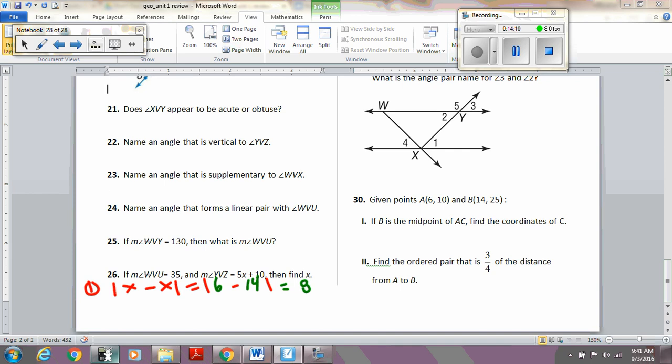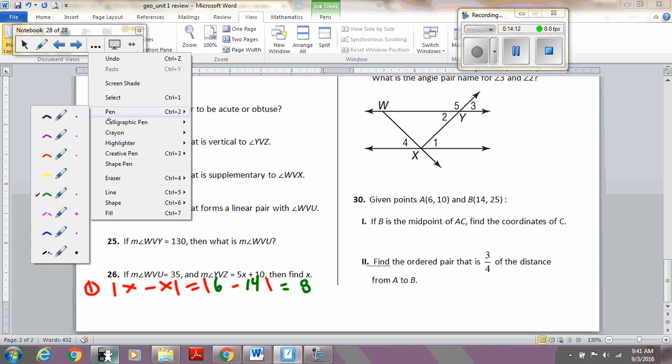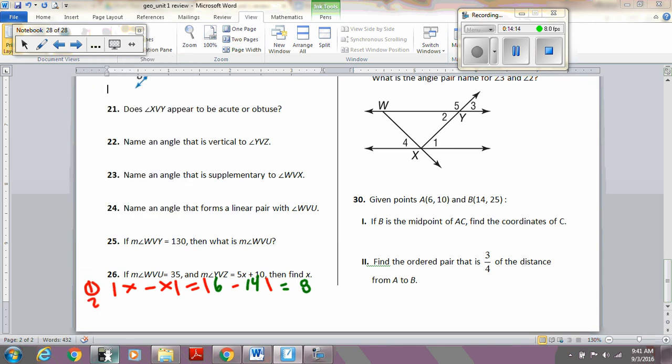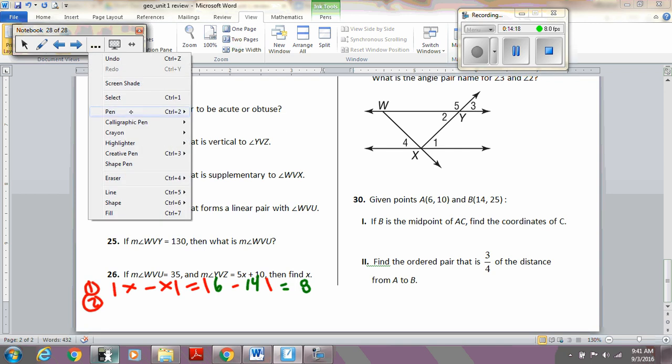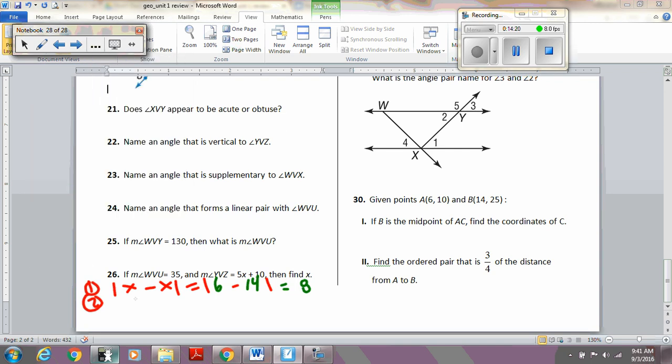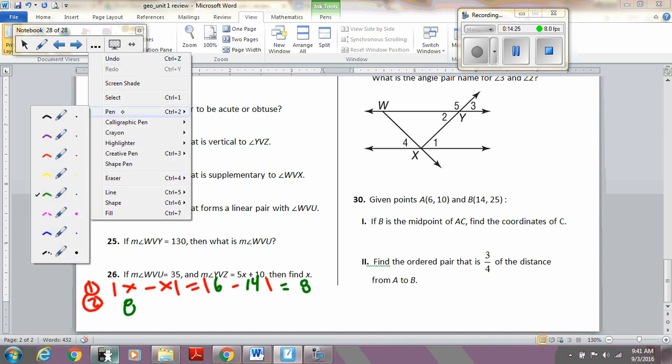Then we're going to find the fractional distance by taking the value 8 times the fraction in the problem. And the fraction is 3/4.